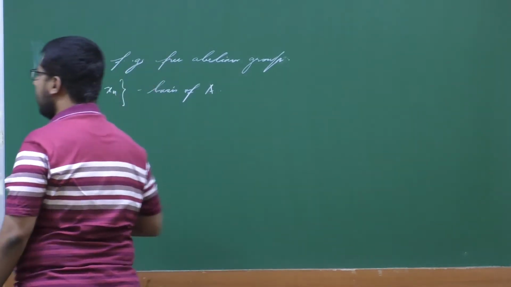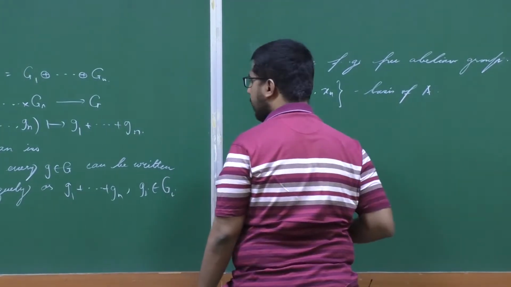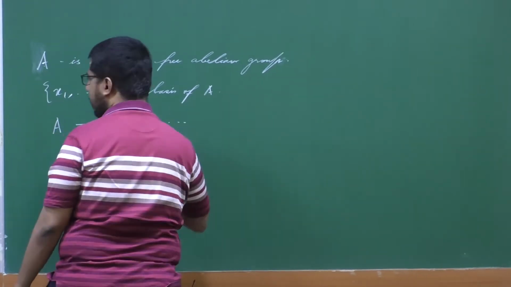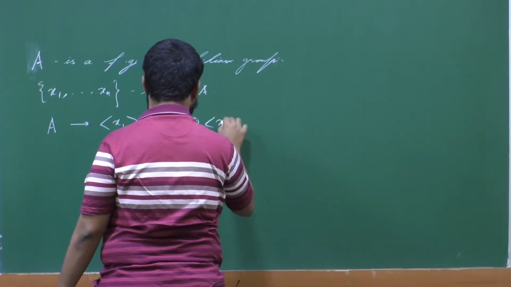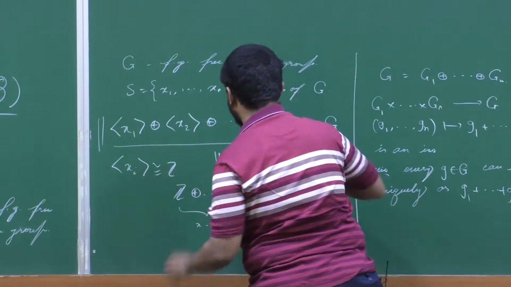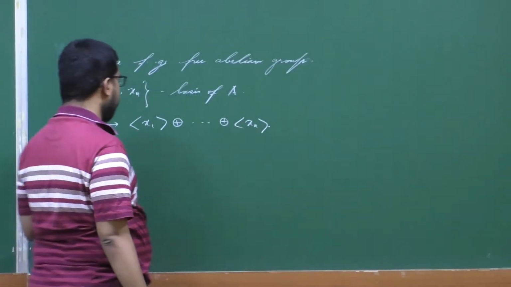As we have observed, from A to this group we have an isomorphism, right, because from the fact that it is a basis, A is the direct sum of the subgroups.